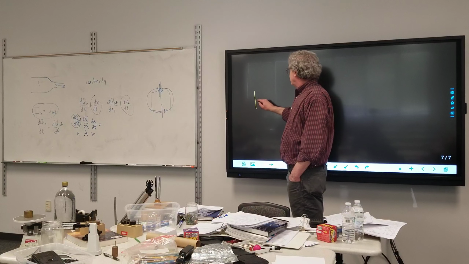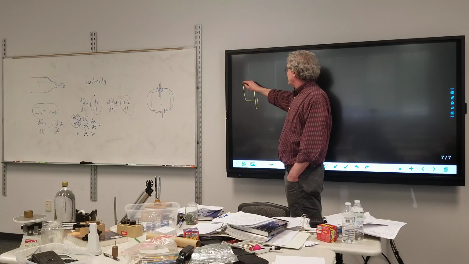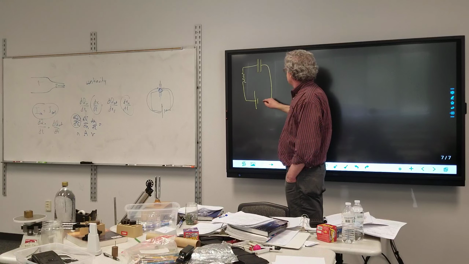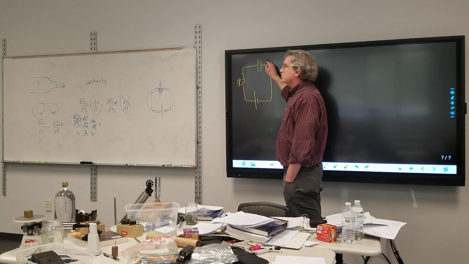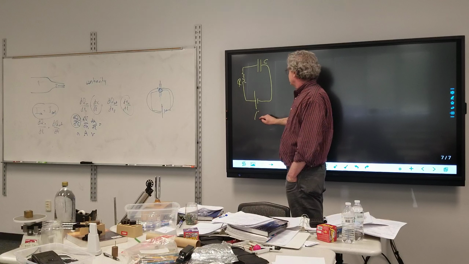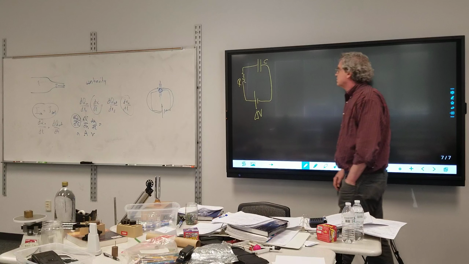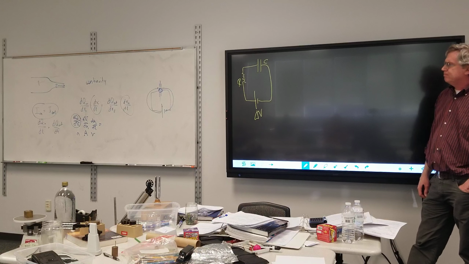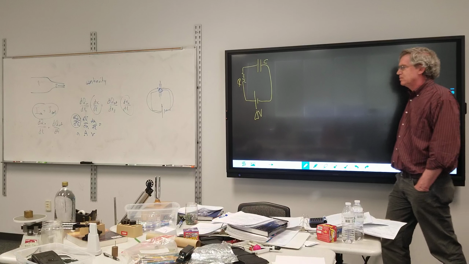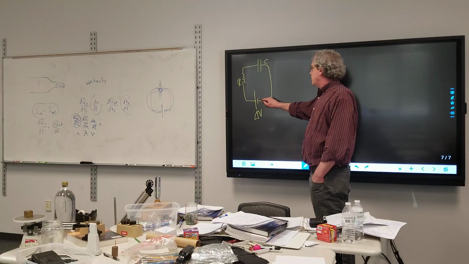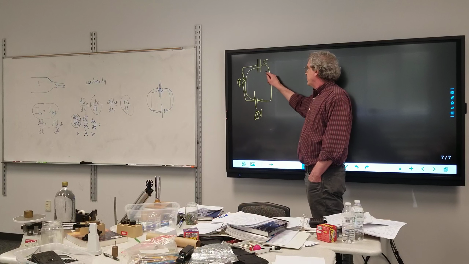I'm going to take a simple RC circuit, and I want to figure out how things change with time. I'm going to start out with Kirchhoff's rule. I'm going to start here and work my way around.